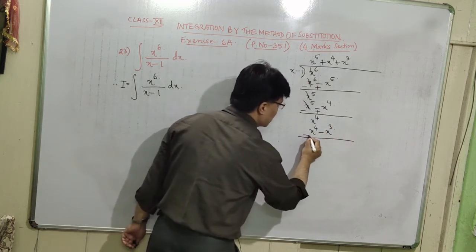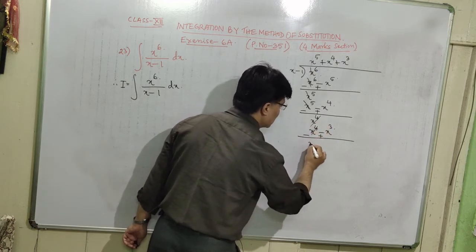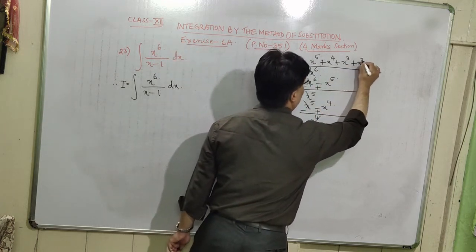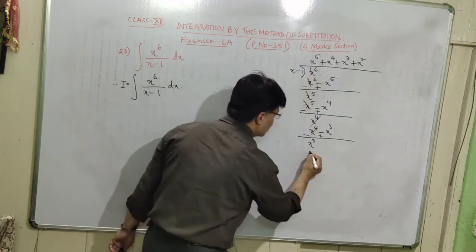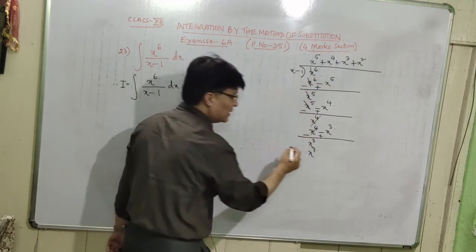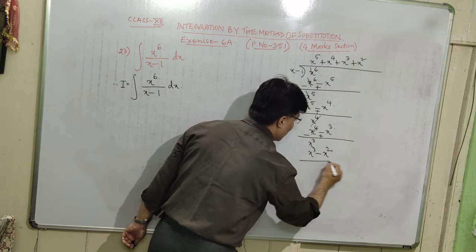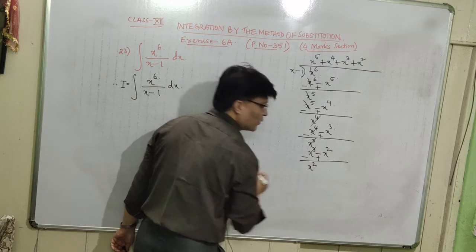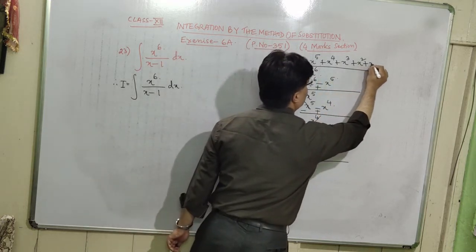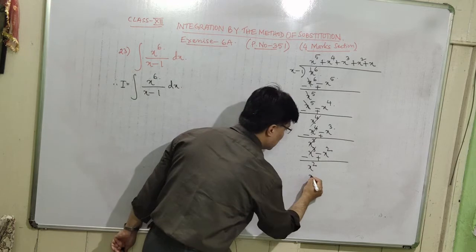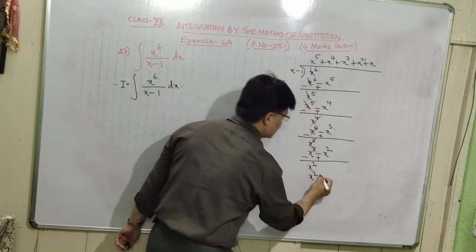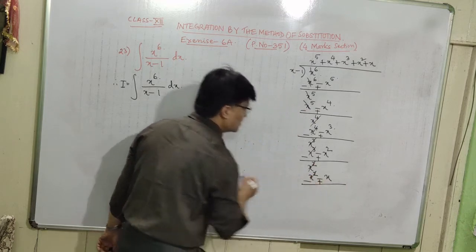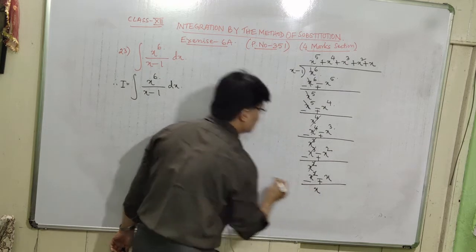So next change the sign, minus plus, this will be cancelled, then comes x cube, again plus x square. x square into x is x cube, then minus x cube, so it is minus plus, x cube gets cancelled, so you will have x square. Again it goes x times, x into x is x square, minus x, so it is minus plus, here x square gets cancelled, so it is x.